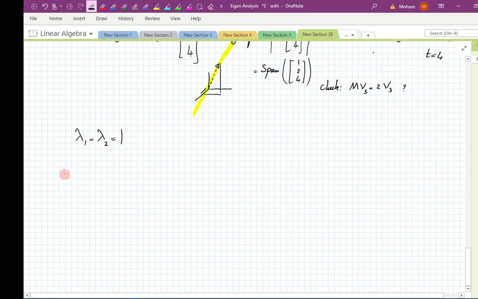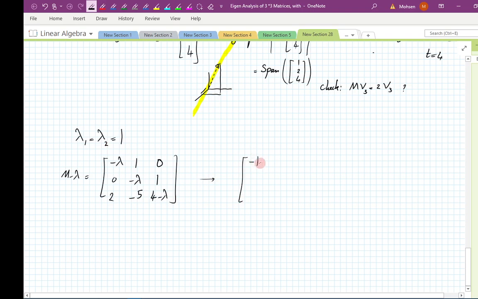So my M minus lambda was minus lambda 1, 0, 0 minus lambda 1, 2 minus 5, 4 minus lambda. Put lambda equal to 1 in it. I get minus 1, 1, 0, 0 minus 1, 1 again, 2 minus 5, and this one becomes 3. Is that right?